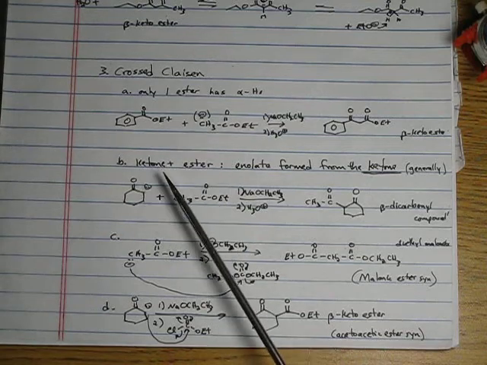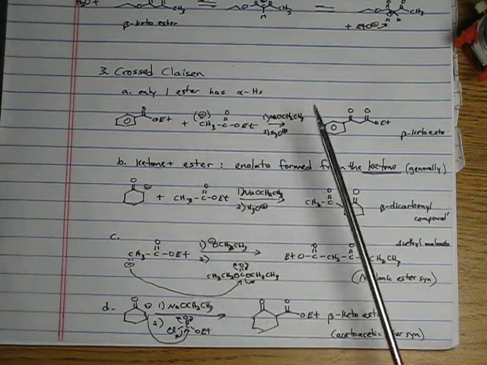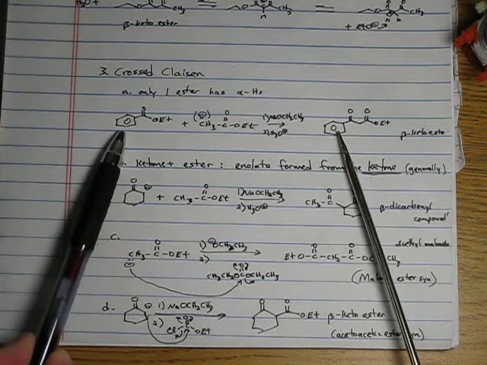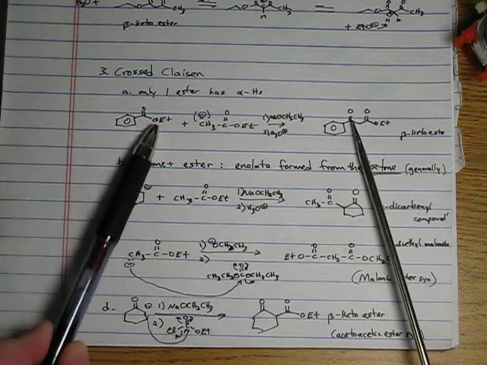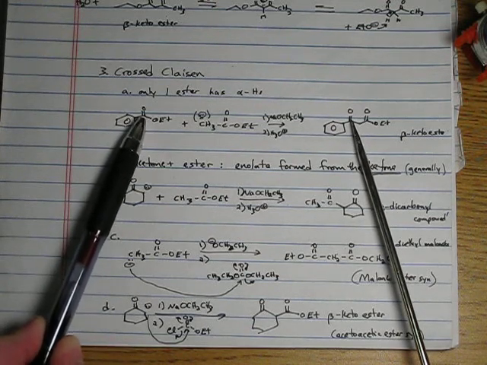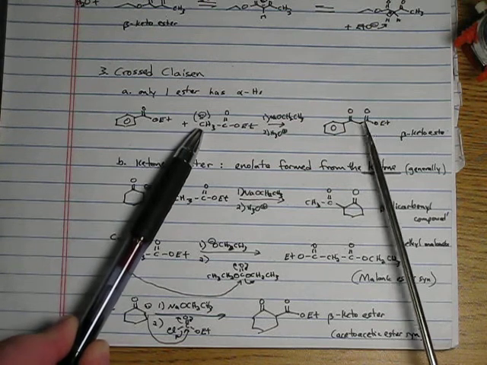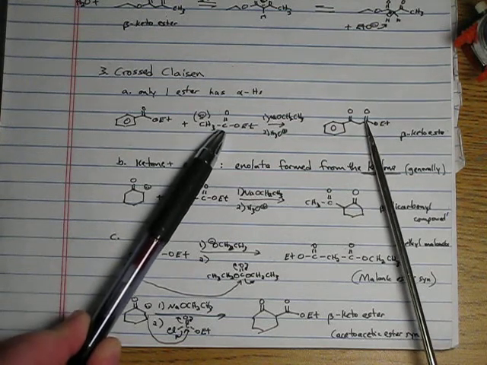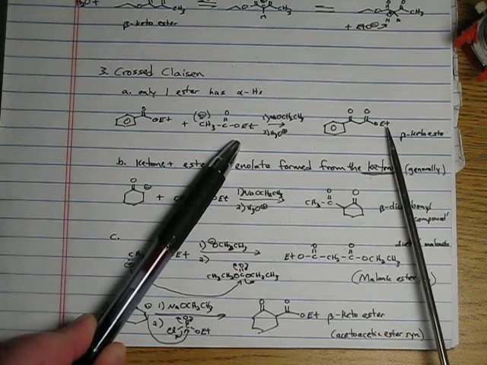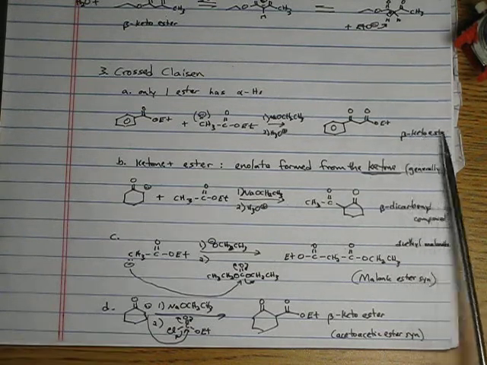So we end up with a phenyl ring, this carbonyl reformed, this ethyl group got kicked off, but it now is bonded to this CH2, this carbonyl, and this ethoxide group right there, a beta keto ester.